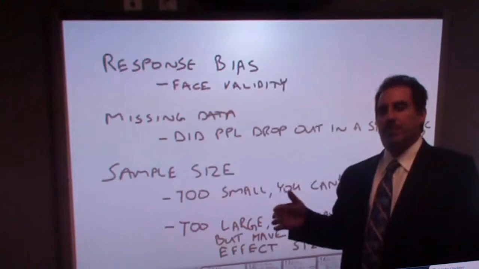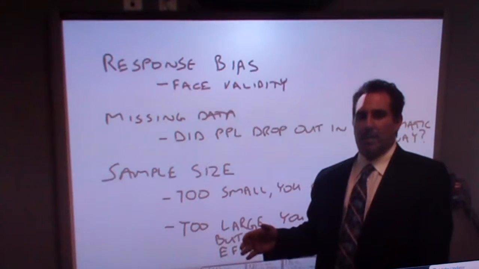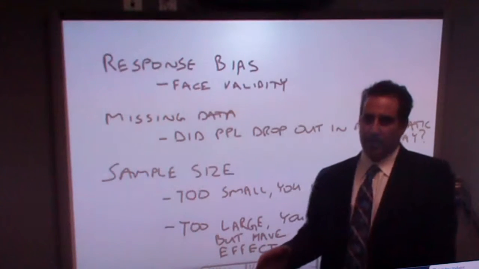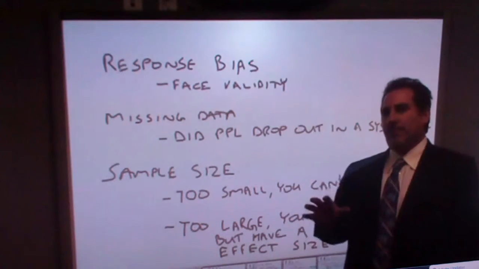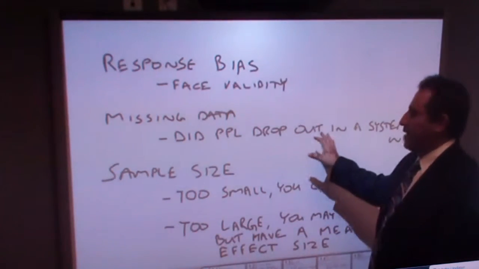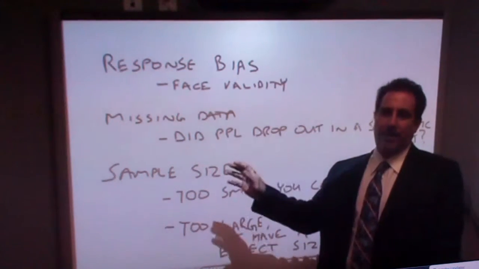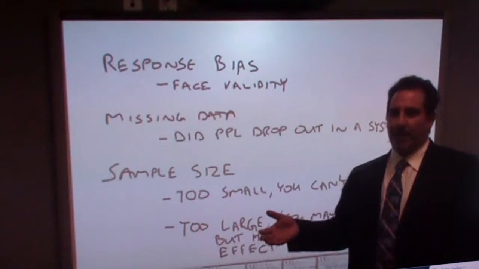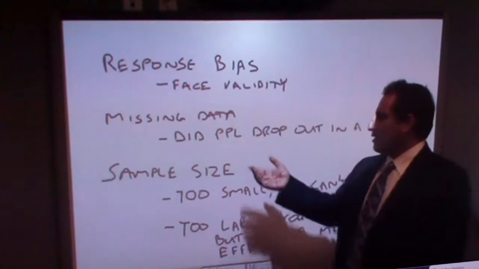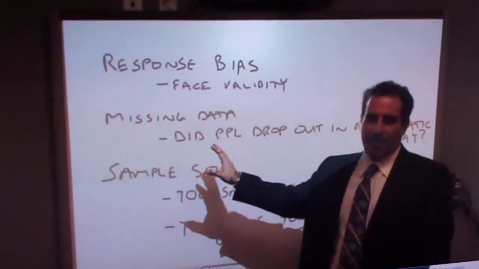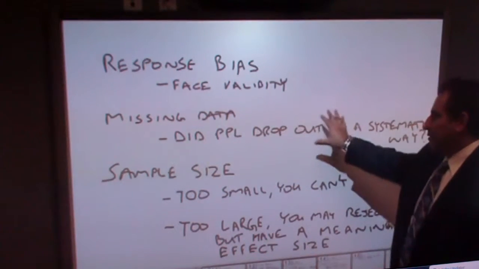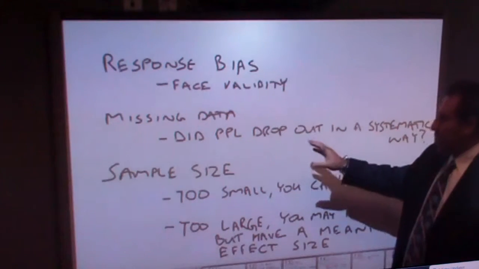But all the people who have remained are abstaining from alcohol use. Well, until you feel confident that the people who dropped out did not do so because they started drinking again, you really can't interpret the results of that study in light of the fact that you have all this missing data. And that's a crucial point for consideration.